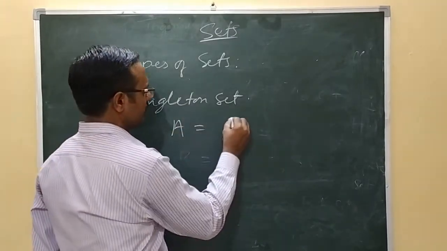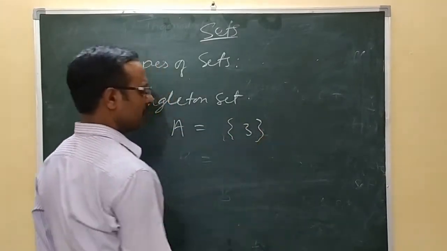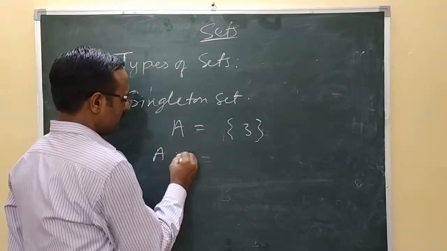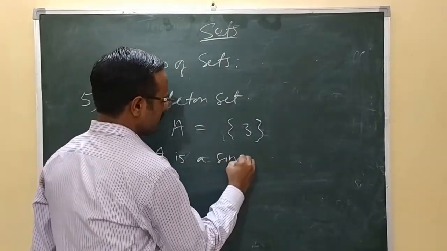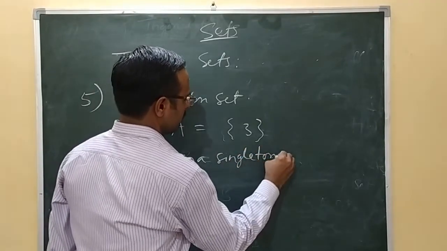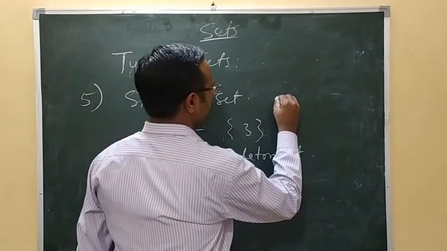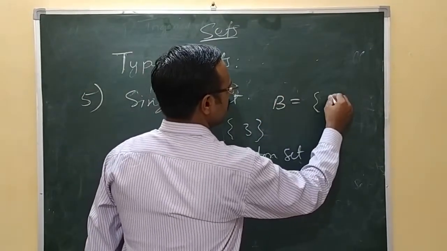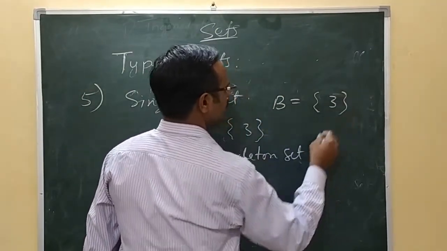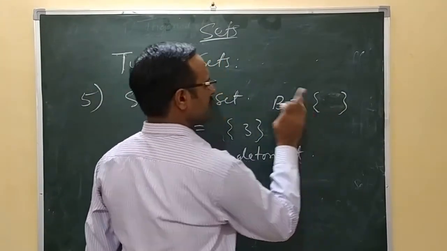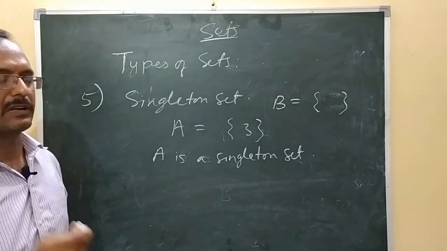If A equal to, suppose {3}, there is only one element, so you can say that A is a singleton set. You can take one more example. B equal to {3}, it is also a singleton set. But if you take an empty set, it is not a singleton set because it has 0 elements.